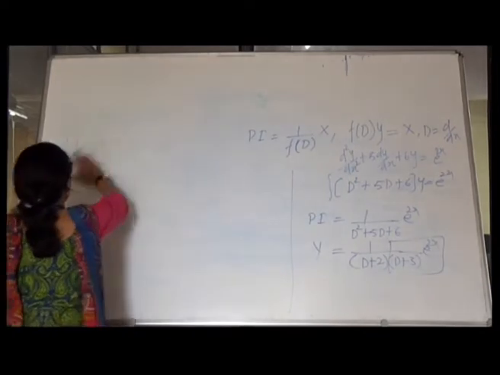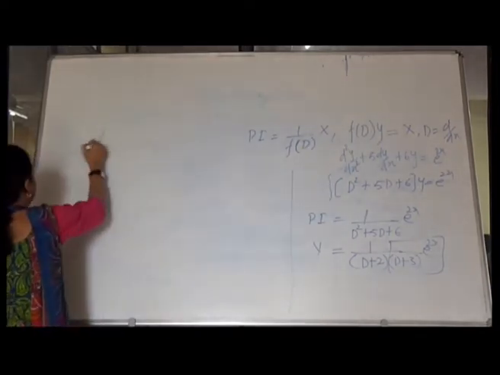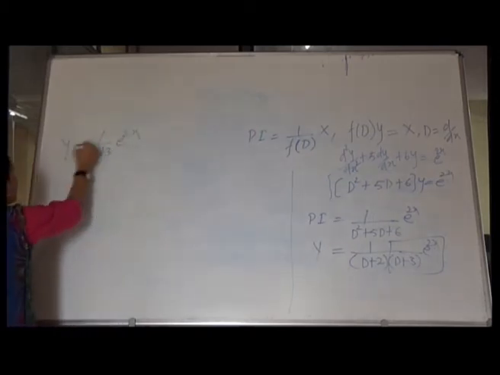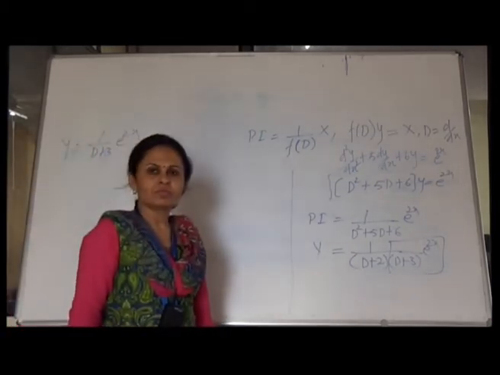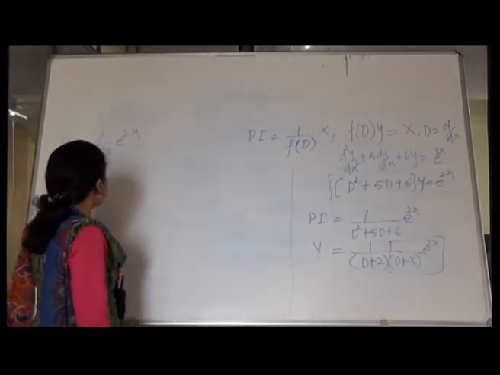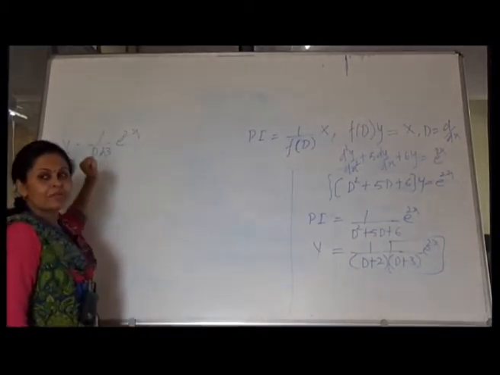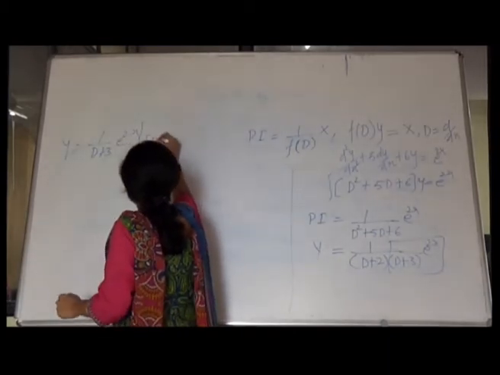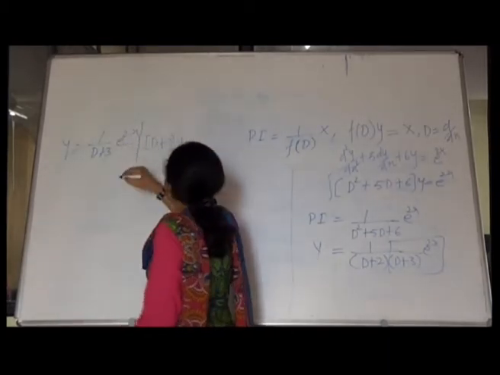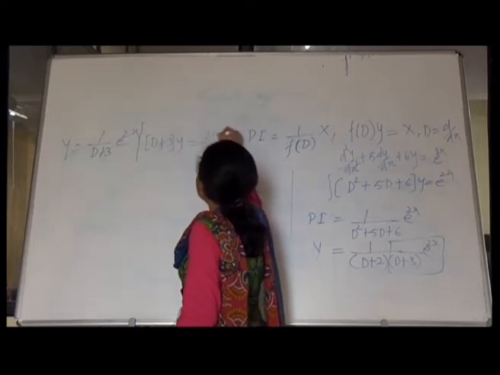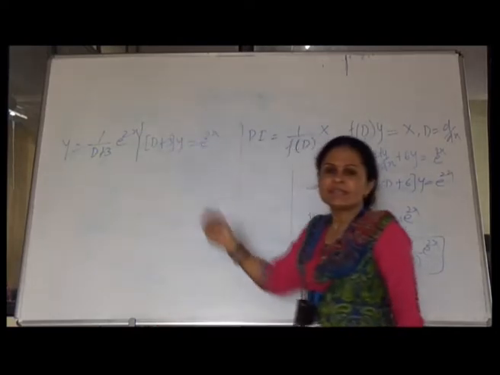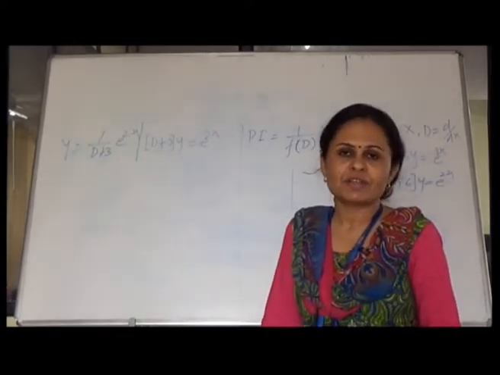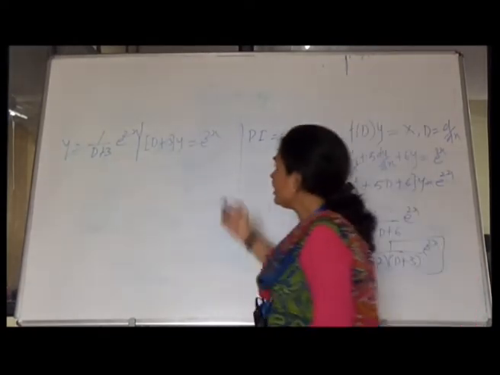If I write this as 1 upon d plus 3 operated on e raised to 2x, y is equal to, can I take back this d plus 3 cross multiplied with y and frame one linear differential equation? Is it not linear? As you know, d is linear, degree of d is 1, that means it must be a first order first degree differential equation. And is it linear or not?